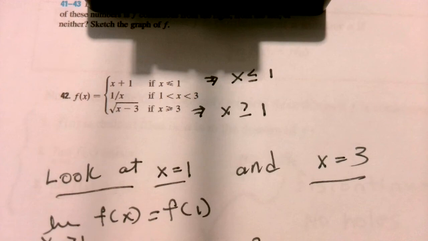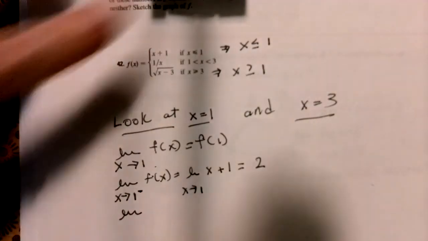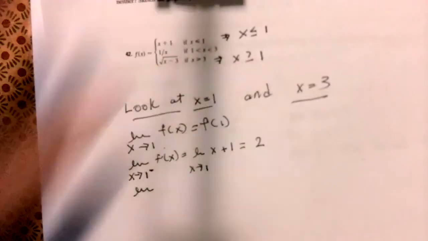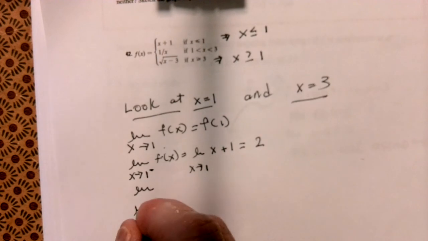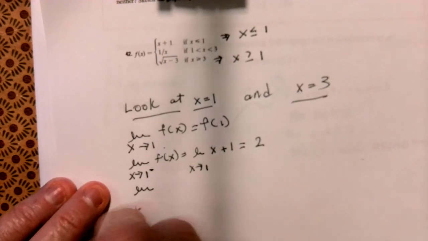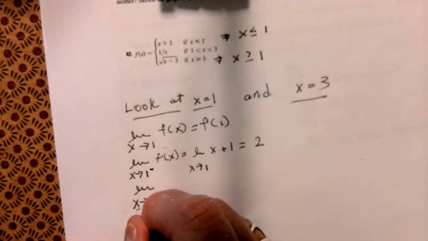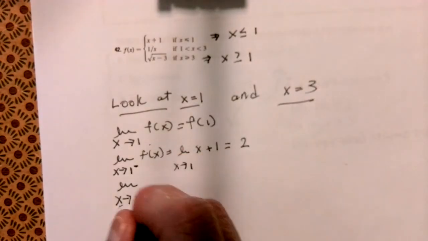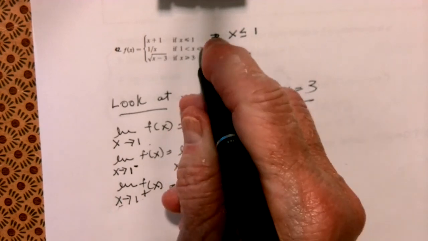Now the limit, okay, I'm going to zoom out a bit so we can see all this together. Now the limit as x approaches 1 from the right of f of x, we'll use the piece right here in the middle.